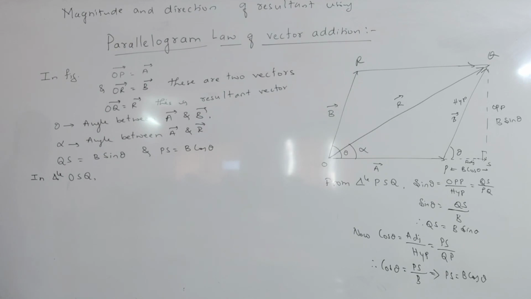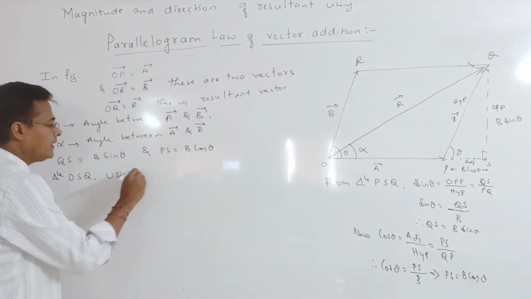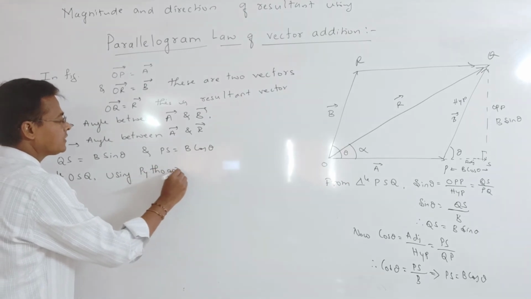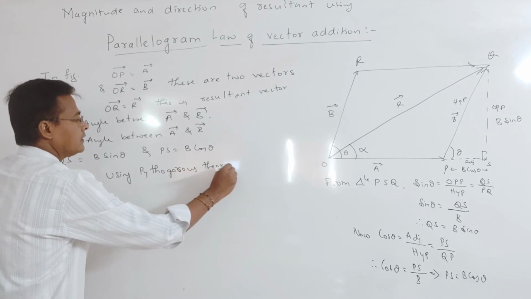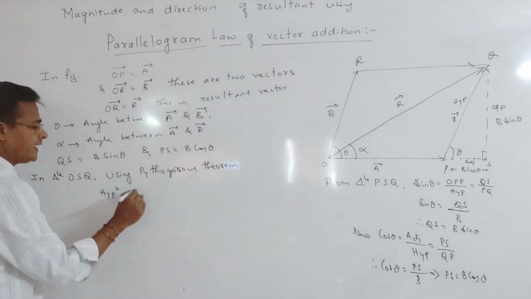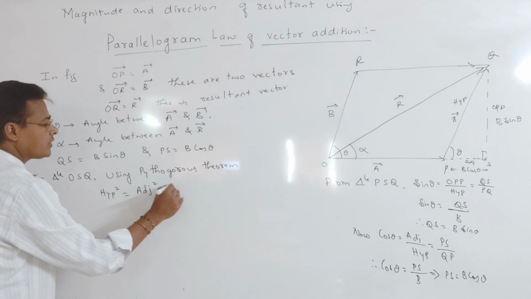Another right angle triangle, OSQ is a right angle triangle. So using the Pythagoras theorem, what is the Pythagoras theorem? Hypotenuse square equals adjacent square plus opposite square.